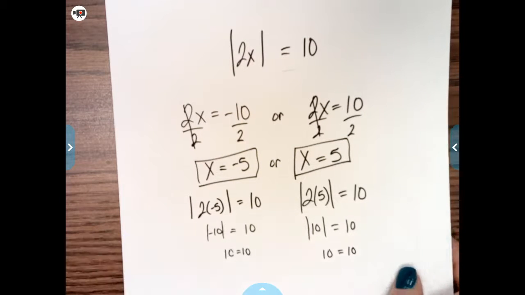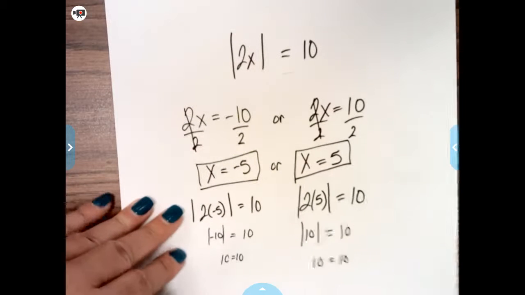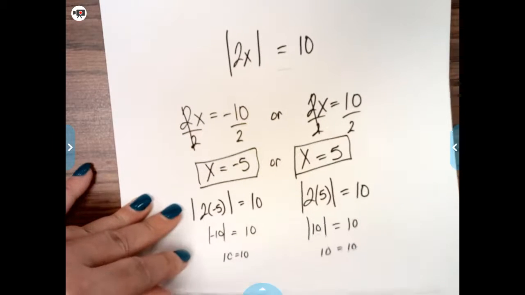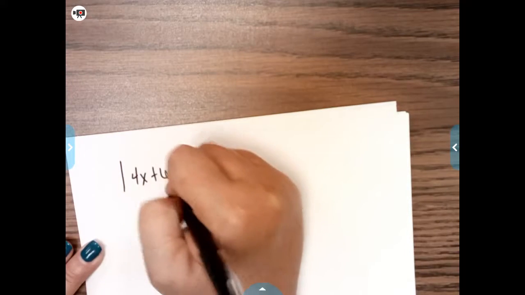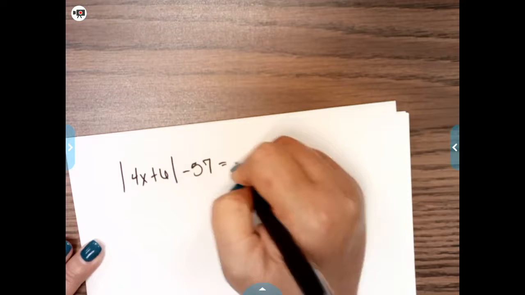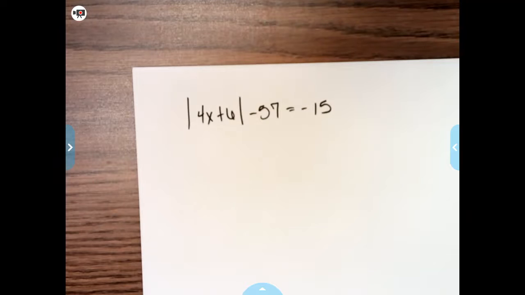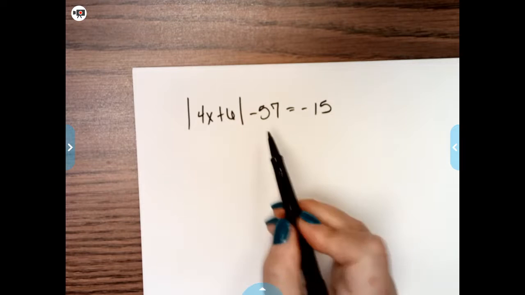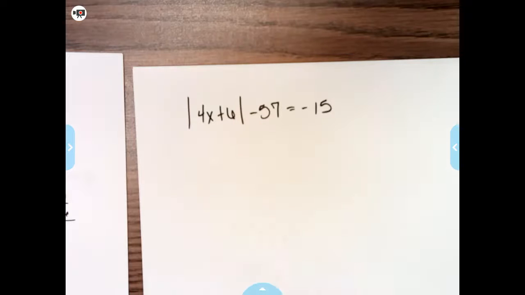Okay, let's look at another example. So this time we're going to have one step that we have to do before we can make our two equations. The absolute value of 4x plus 6 minus 57 equals negative 15. Okay, so what we have here is a constant that's in the way before we can do our two equations.